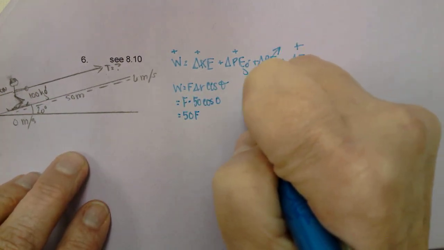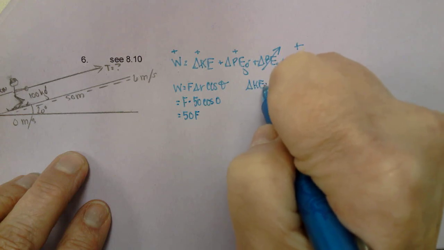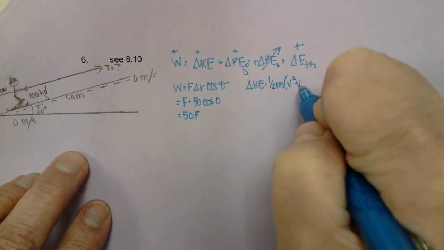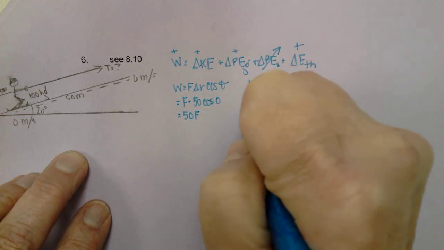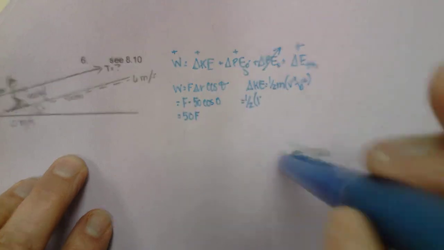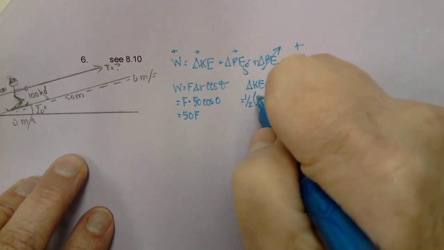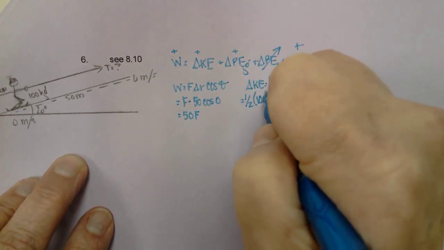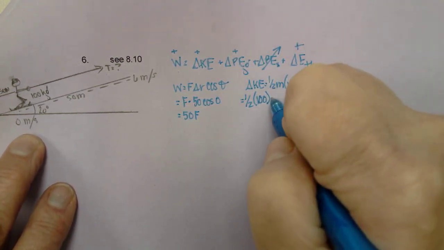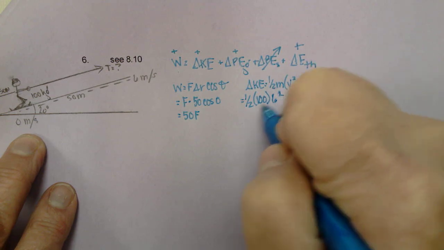Delta KE is equal to 1/2 m (v squared minus v naught squared), which is equal to 1/2 times 100 times my v naught is 0, so I can cancel that out, times 6 squared.